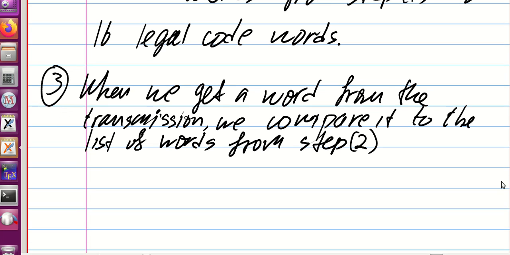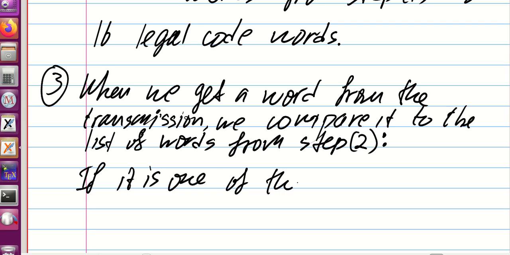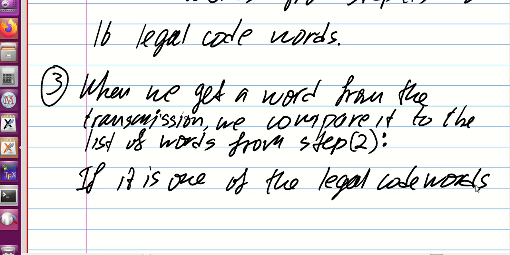A couple of things could happen. If it is one of the legal code words, then we are done.